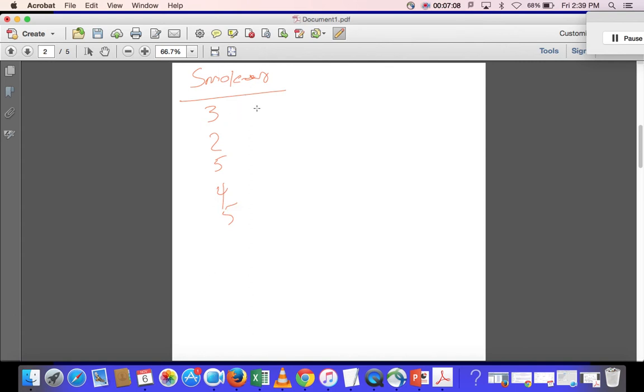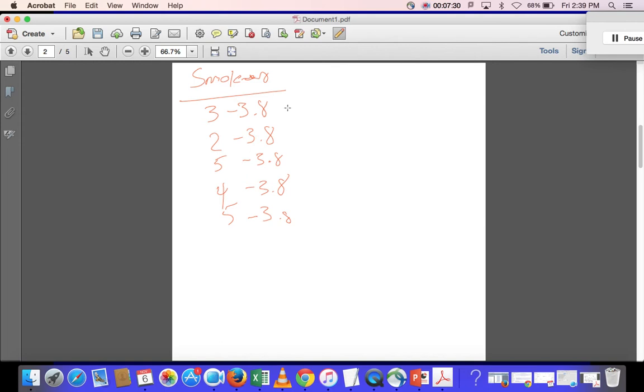So remember, in terms of my equation for standard deviation, I want to take each score that I have in my data set for that specific group, and I want to subtract the average from it. So 3 minus 3.8, 2 minus 3.8, 5 minus 3.8, 4 minus 3.8, and 5 minus 3.8. So here I want to look at what we are going to call our deviations.